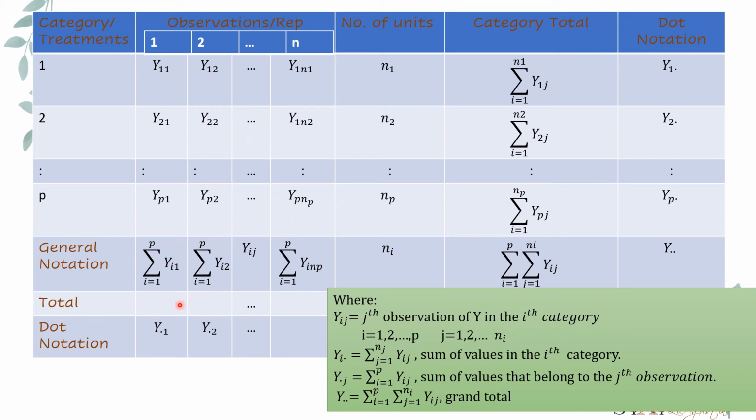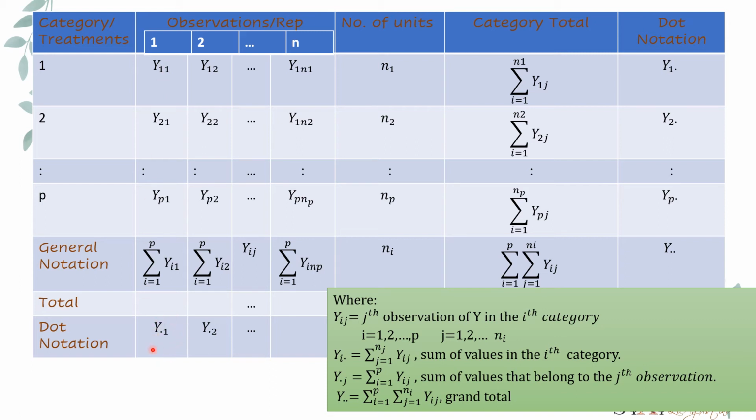So here you also have the column. The same principle applies for that notation. However, the one that is fixed here is the column, the first column or first replication across the different treatments. So here, all first observations or first replications of all categories or treatments.